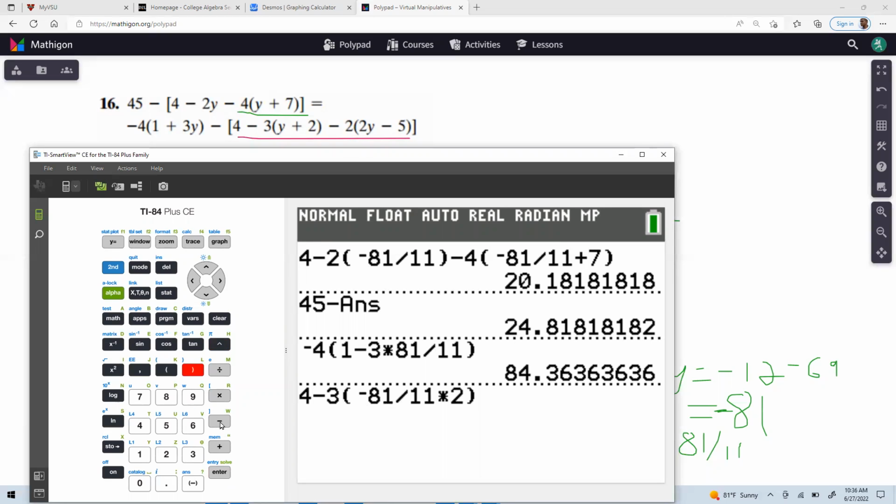Minus 2 parenthesis 2 negative 2 times 81 divided by 11 minus 5. Okay, negative 2 times 81 divided by 11 minus 5. That sounds right. Minus 2.